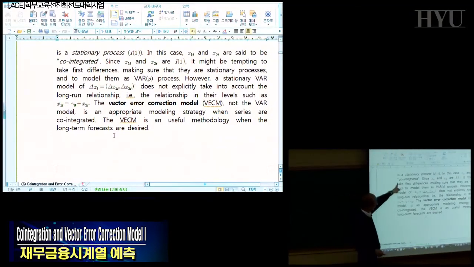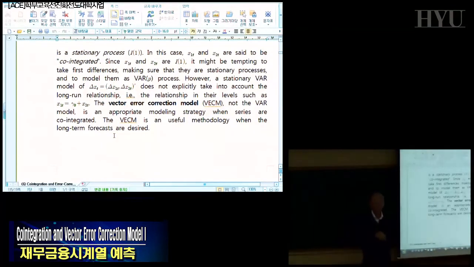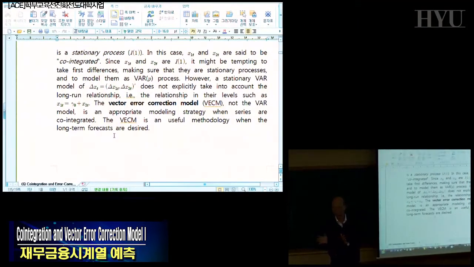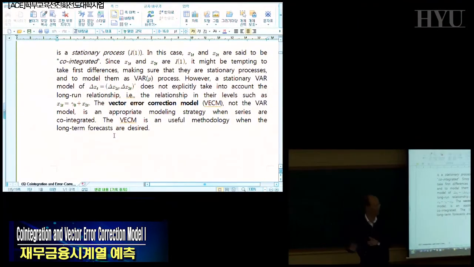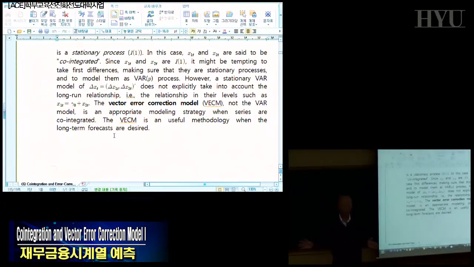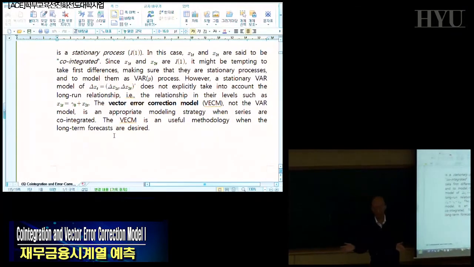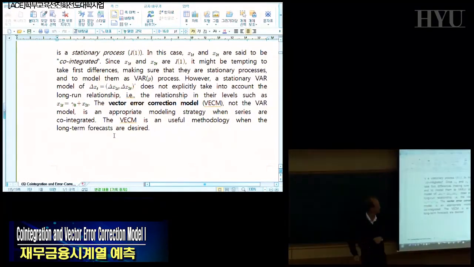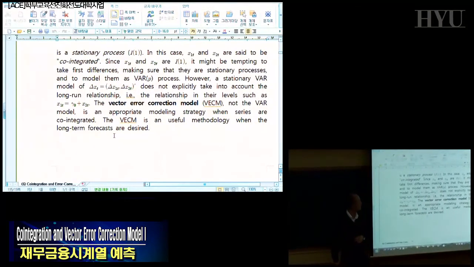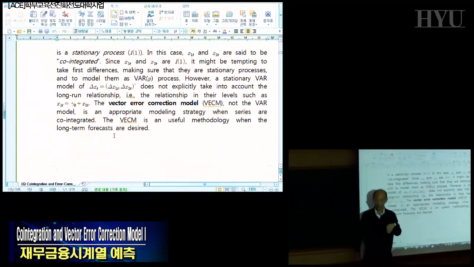Okay. And well, here what it says is, suppose x1 and x2 are I1. Then you can go either to VAR modeling or the one we call VECM. Okay? Are they the same, different? Of course, different, right? The name is different, so it's going to be different. But the thing is, well, these variables will change over time, right?